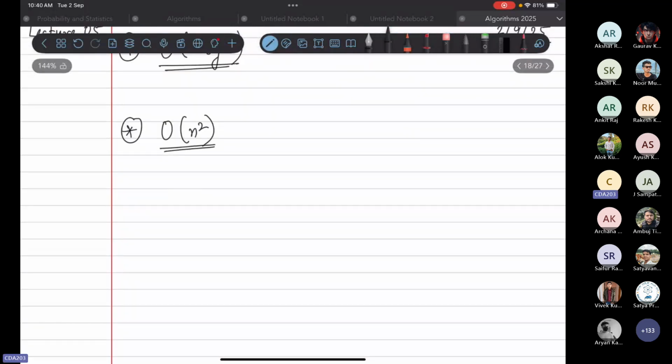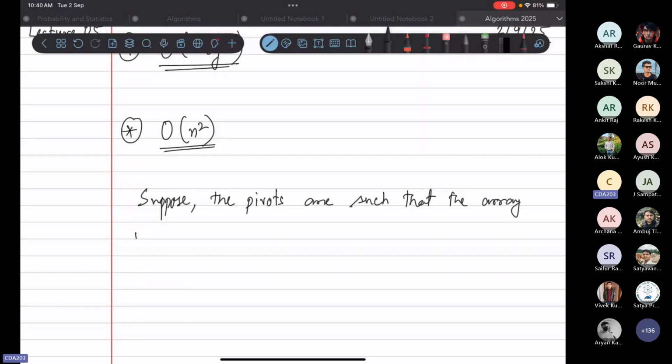Suppose that we get a partition, instead of taking the pivots such that the array is partitioned as follows.